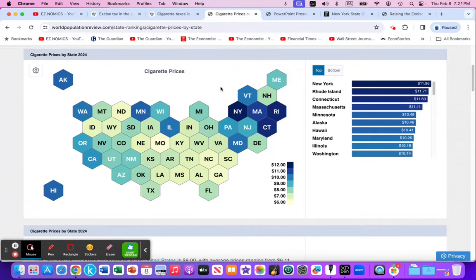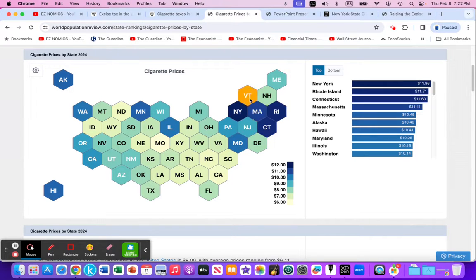What's interesting about the U.S. enabling states to determine their own state taxes on demerit goods like tobacco is that if New York has the highest price for a pack of cigarettes and it's surrounded by states that have prices on average for a pack of cigarettes that's less than that of New York, well, that creates an incentive for residents of New York to cross state lines and buy cigarettes at the lower price within those states.